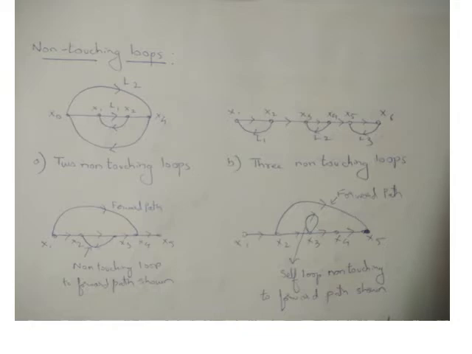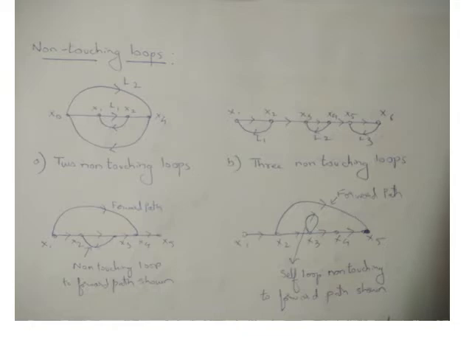If you have to find out how many loops are there in this figure, can you tell me how many loops there are? One loop is L1, starting from x1, x2 and ending at x1. The second loop starts at x0, x4 and goes back to x0.